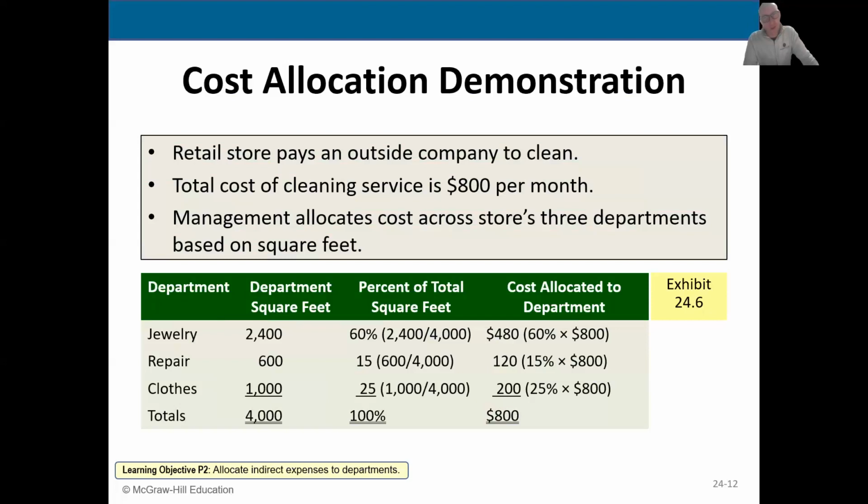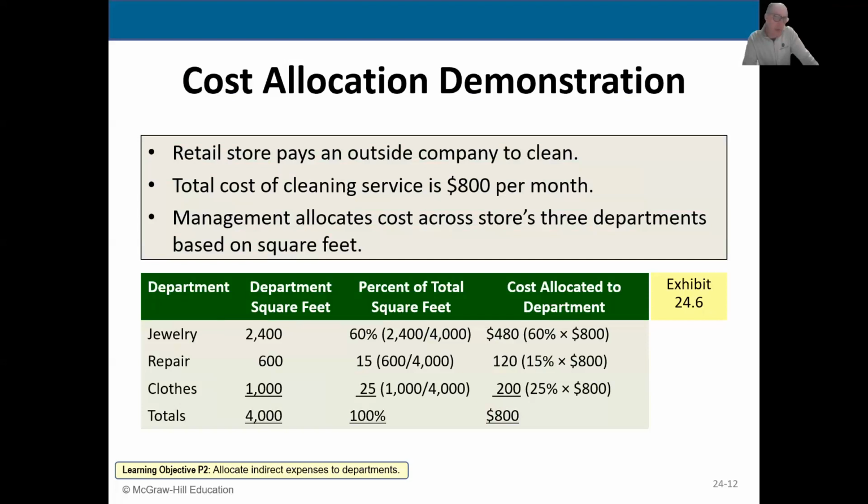We know what the square footage is of each department. The jewelry department square foot is 2,400, 600 square foot for a repair department and 1,000 square feet for a clothing department, giving us the total square footage of 4,000.